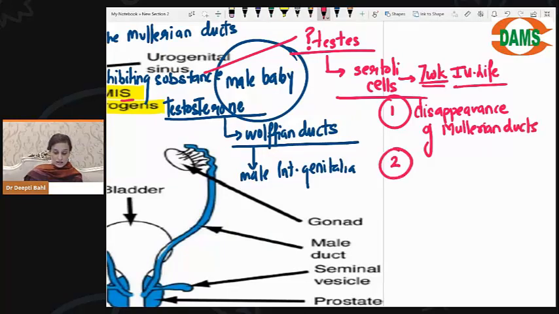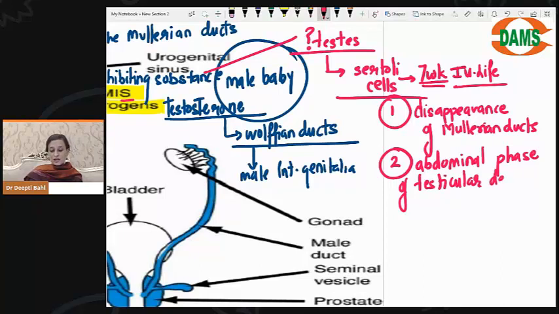The second very important function is it is going to be responsible for the abdominal phase of testicular descent. Listen to me very carefully. You have to know that the testicular descent has two phases.